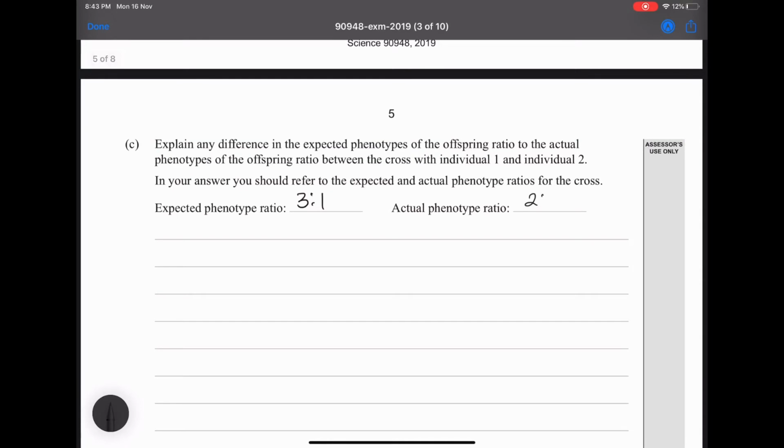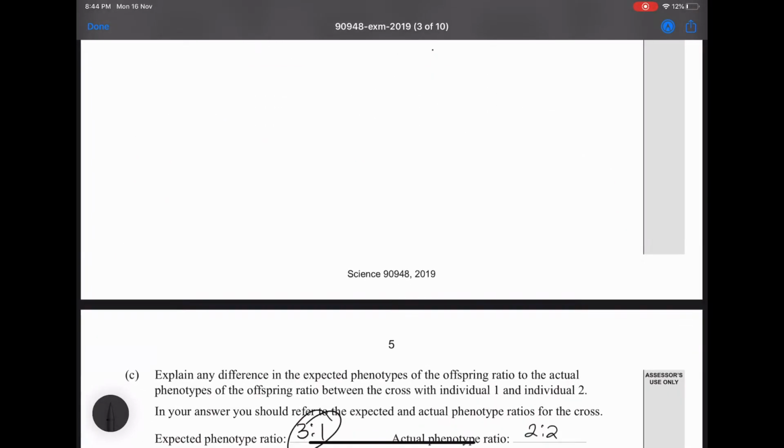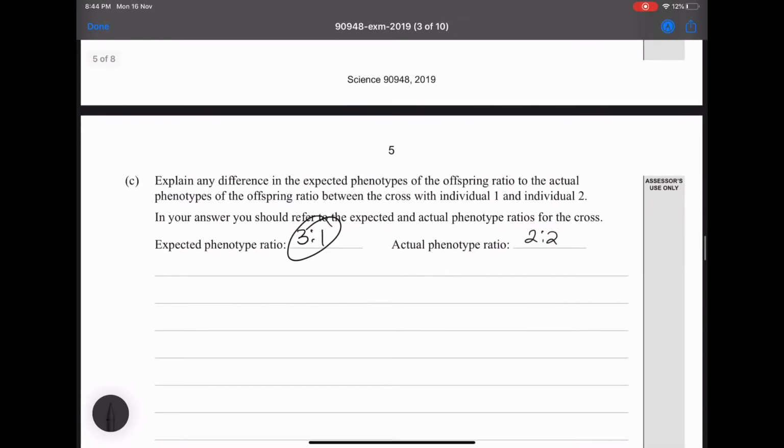So we write 2:2. And this 3:1 comes from the Punnett square here, as 3 of the individuals produced from individual 1 and 2 carry the dominant allele T, and 1 offspring carries homozygous recessive lowercase tt. That means the ratio is 3:1.